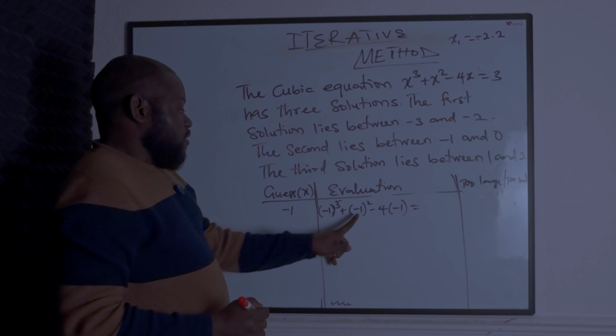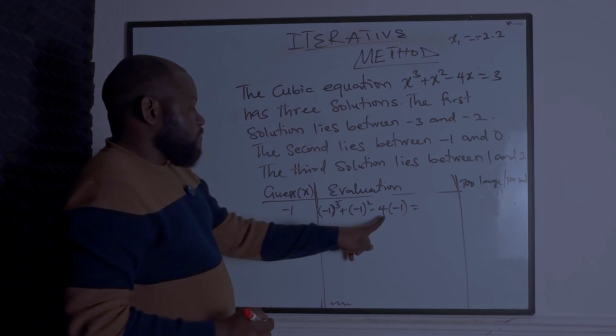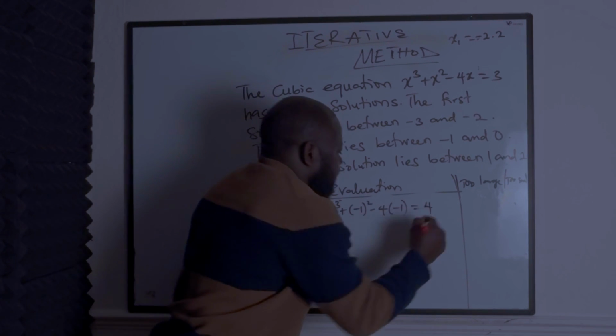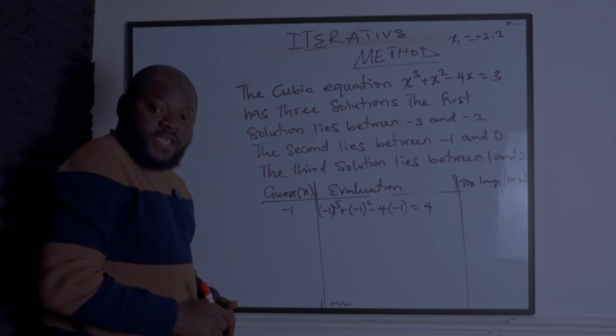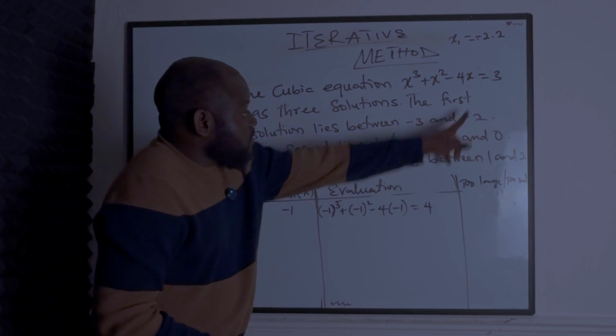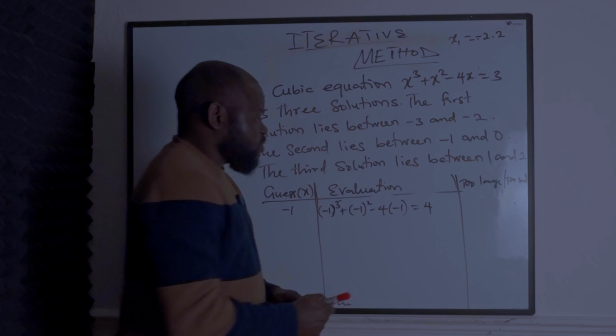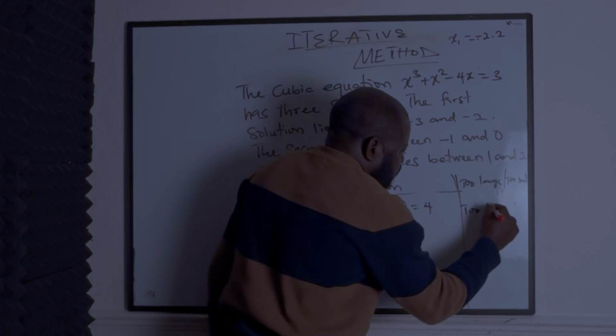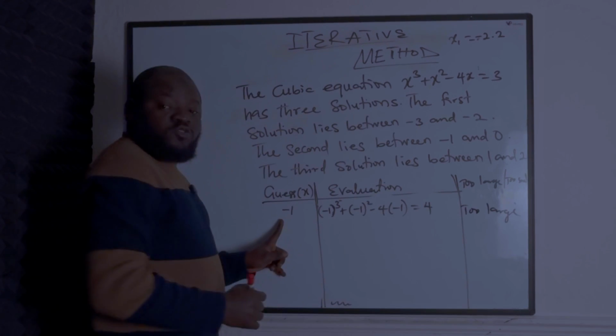This is going to be minus 1, this is going to be 1, and this is going to be 4. So that means our result is 4. Do you get this now? Okay? Is 4 close to 3? Very close, but it's too large. It's larger than 3. So this is too large. Minus 1 cannot be the answer.